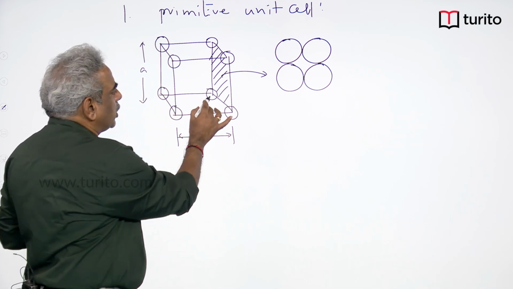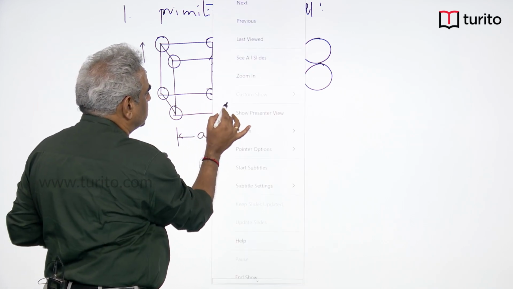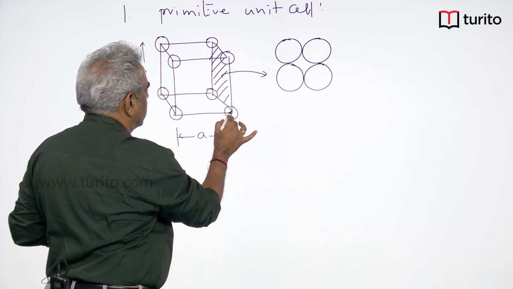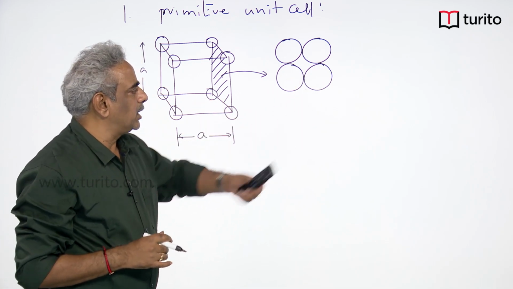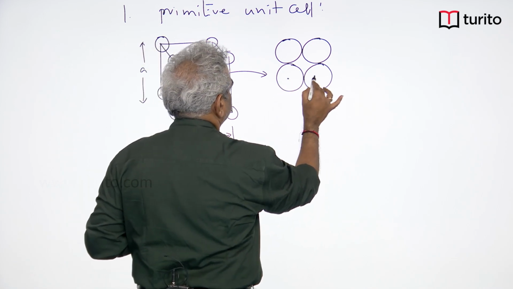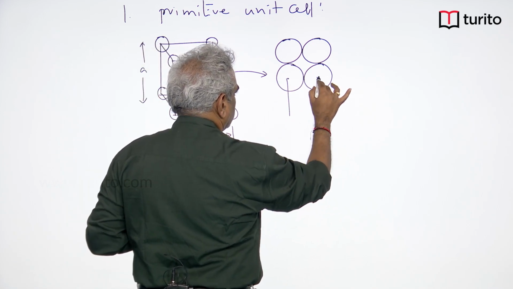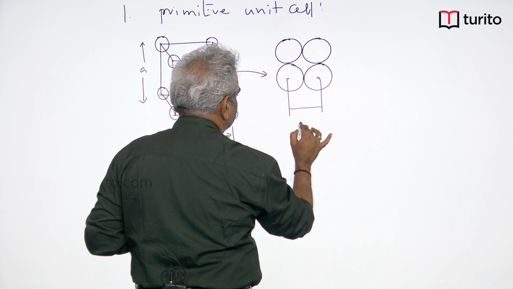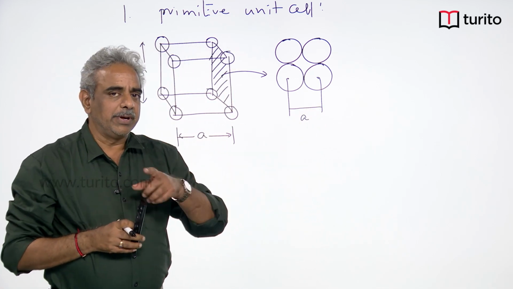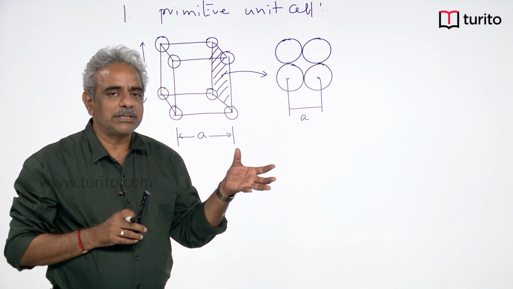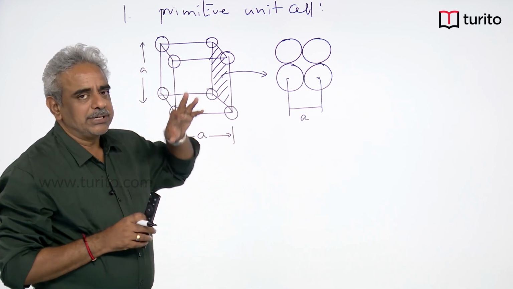Now, along the side what do you have? The centers of the spheres are connected through that. The spheres are in contact. See? So, this distance is nothing but a. The distance between the centers of the spheres will make the edge length.